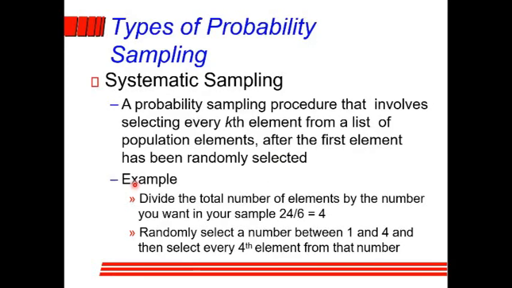For example, divide the total number of elements by the number you want in the sample. Sa sample natin na 24, i-divide natin siya sa 6, and then equal siya sa 4. So every fourth natin sa tao natin gagamitin siya. Every pang-apat yun yung isa-select natin.